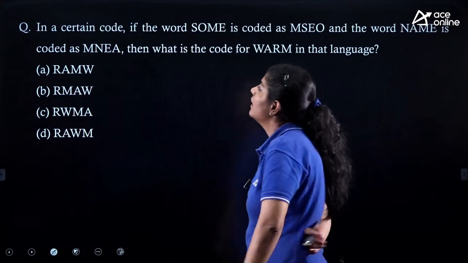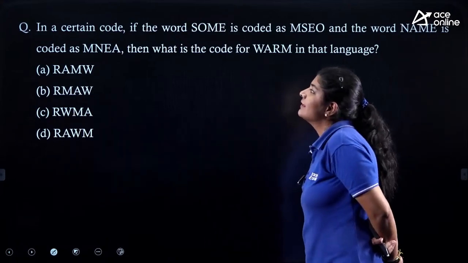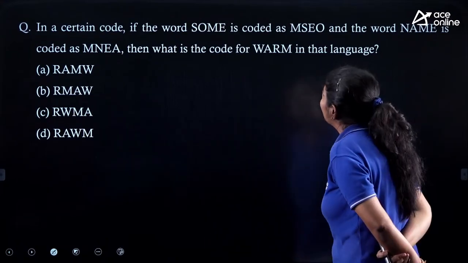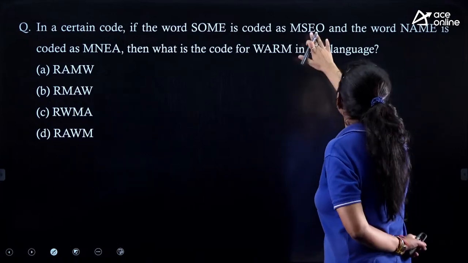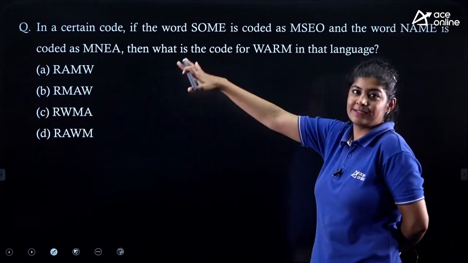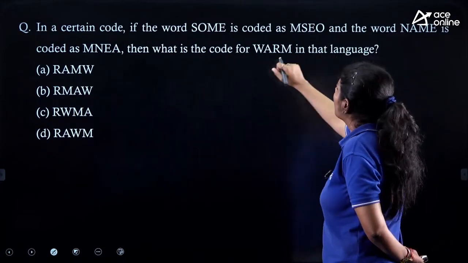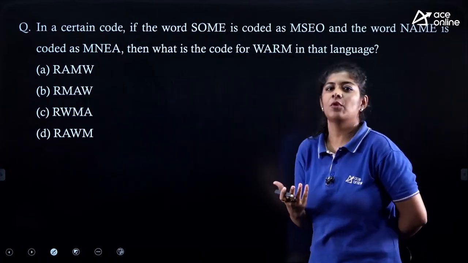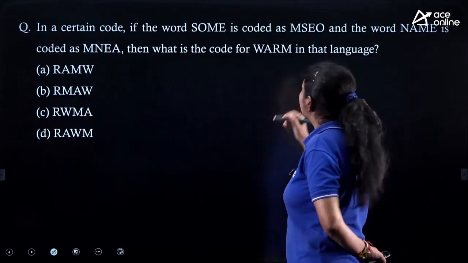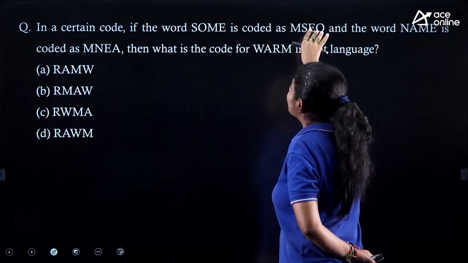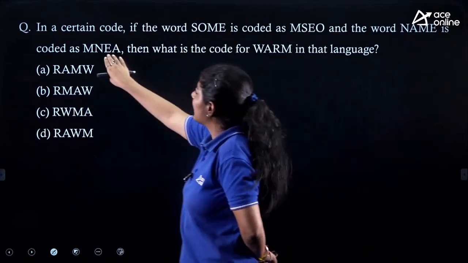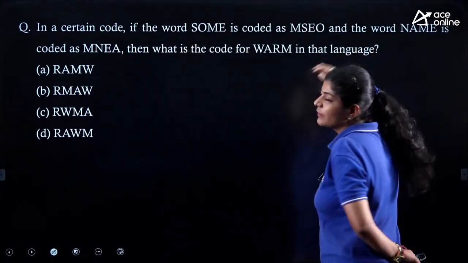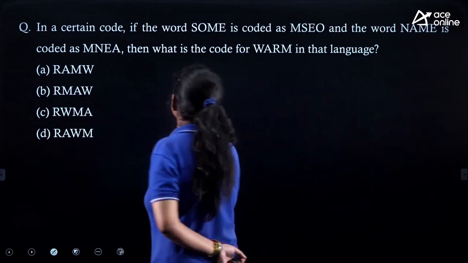Next. The next one is, in a certain code, if the word sum is coded as this one and the word name is coded as this one, then what is the code for worm in that language? Again, we have to observe the pattern. If you observe over here, the same alphabets we have used, so it is quite easy to detect the pattern.